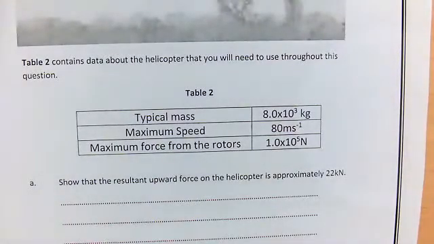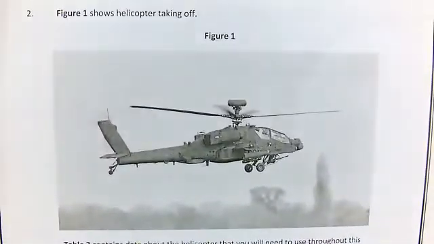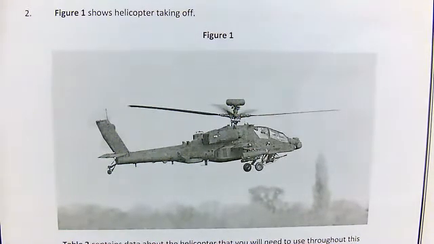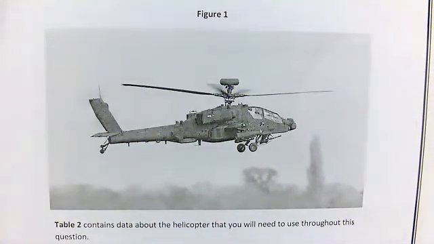Right. Then you've got your kinematics question. It is one that people struggle with. This one is a helicopter taking off. For those interested in aviation, this is an Apache helicopter. It's a military helicopter. Whenever I write these questions, I try to get hold of ballpark values to give you in the table, so that what you're calculating usually makes sense.